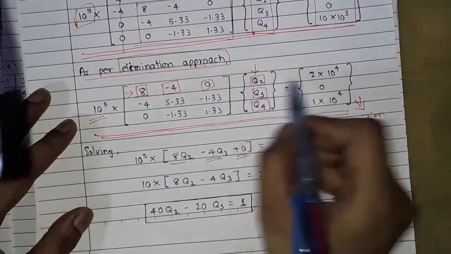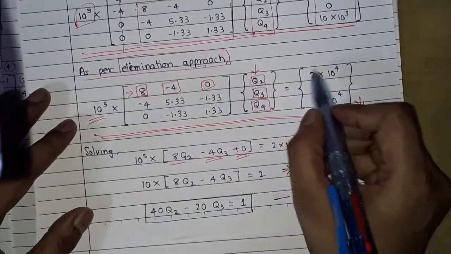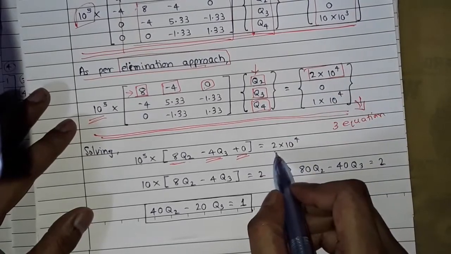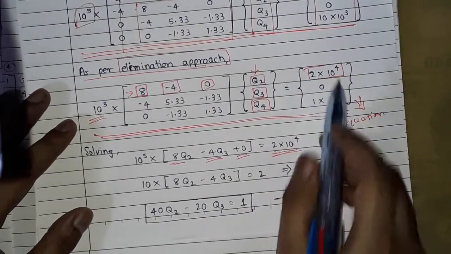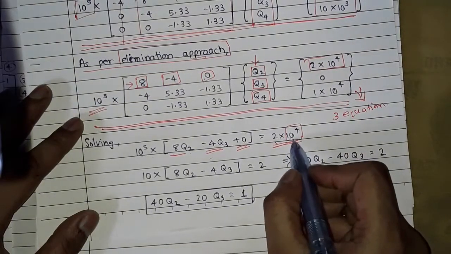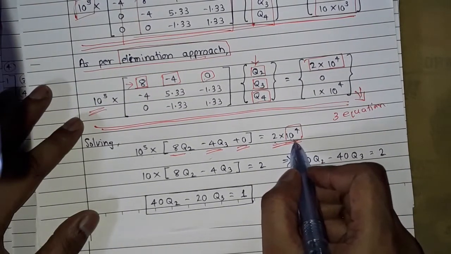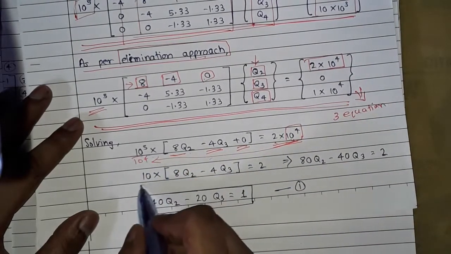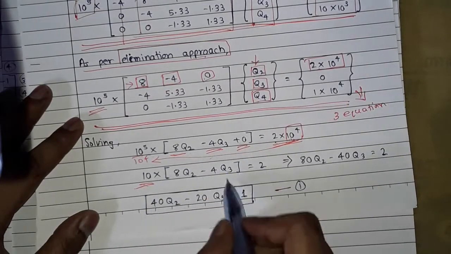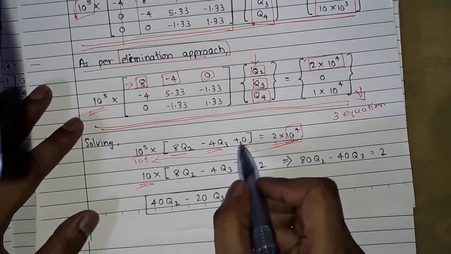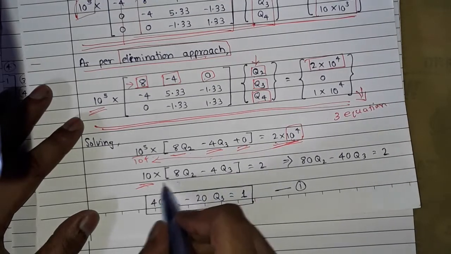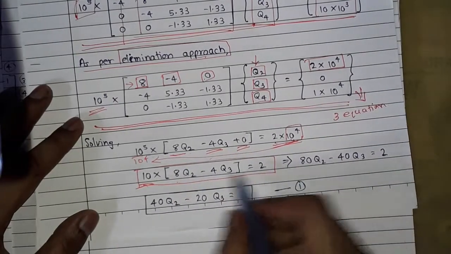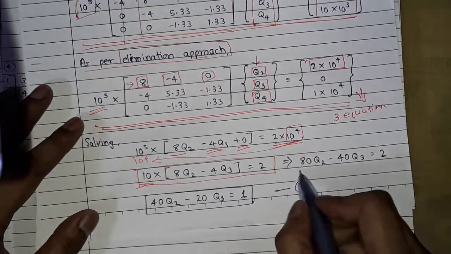Now for this row, the force value is 2 into 10 raised to 4. We take this value to the leftward side, so it will be 10 raised to 4. We are left with 10, so the equation will be this. After multiplying 10 into 10 with this, we got this.